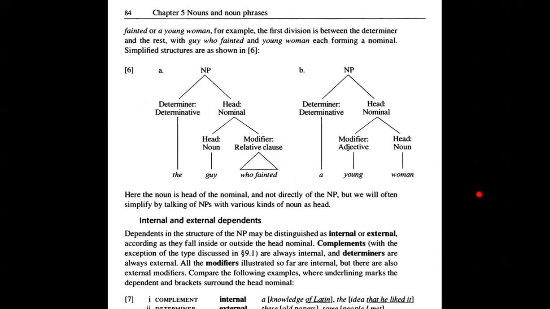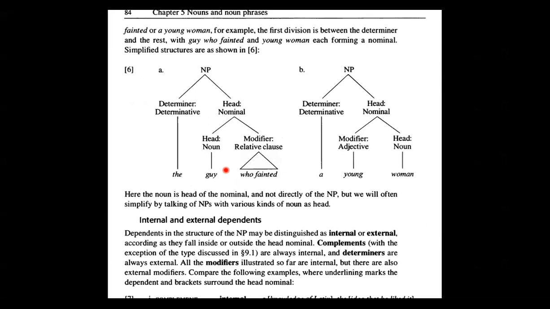Here in this map, there are two examples of noun phrases. The guy who fainted: all of it we call a noun phrase. The determinator the is the function, determinative is the category. The head noun is guy. Usually the head of the noun phrase should be the noun, because without it we cannot understand anything.